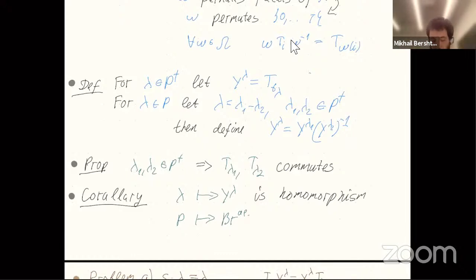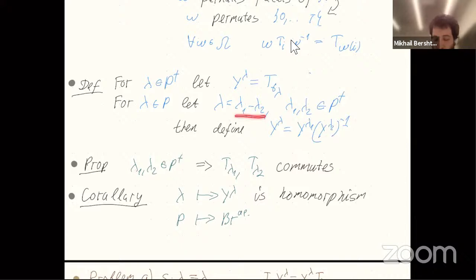And this construction is based on this proposition. If we have two positive elements, then the corresponding elements commute even in the braid group. So Y lambda 1 and Y lambda 2 commute, so we can write the product in either order, it doesn't matter.